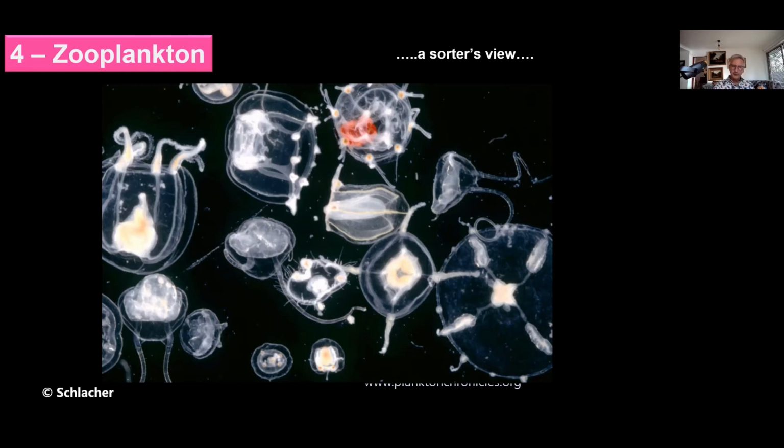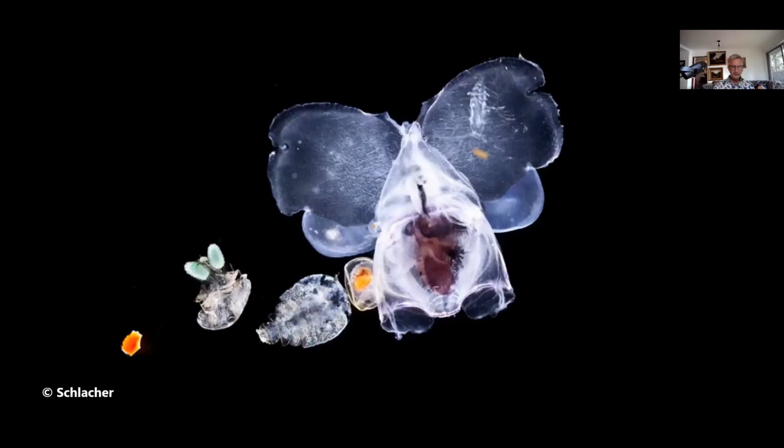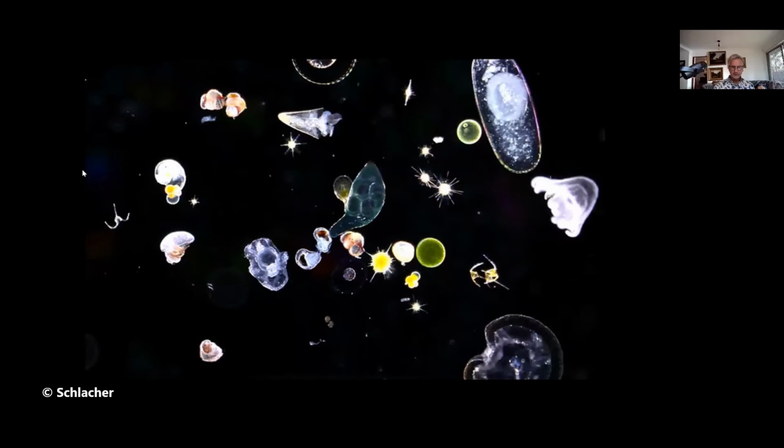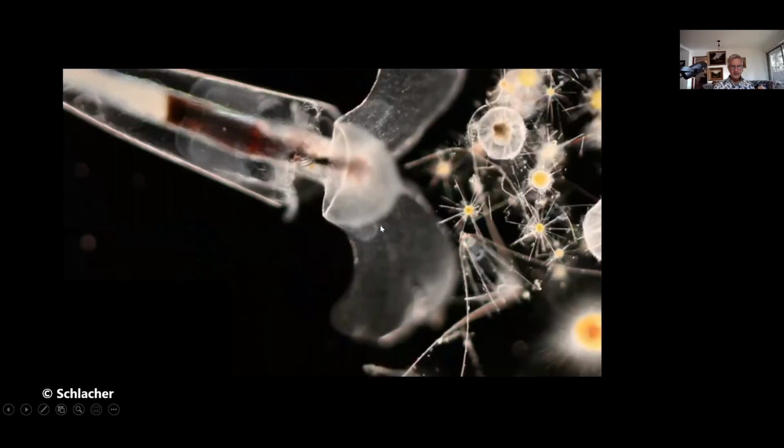And then you go to the next bit, and it looks like this. And then you go like that. And there's about 20 different species here. And here we got one swimming mollusk trying to eat a lot of diatoms.